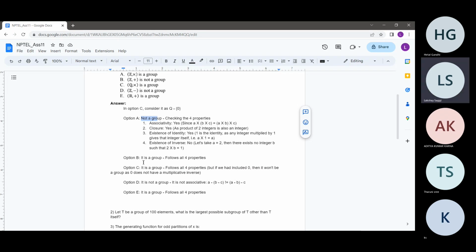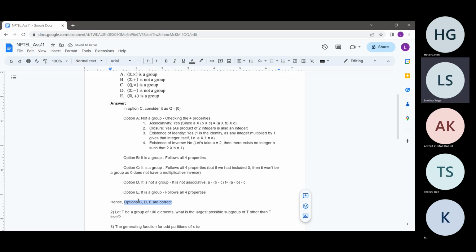Option B says it is not a group, and we have obtained it is a group, so B is also false. Option C says that it is a group, and we have also obtained it is a group, so option C is true. Option D is also true, and similarly, option E is also true. Hence options C, D, E are correct.